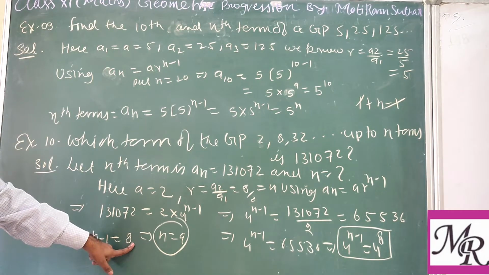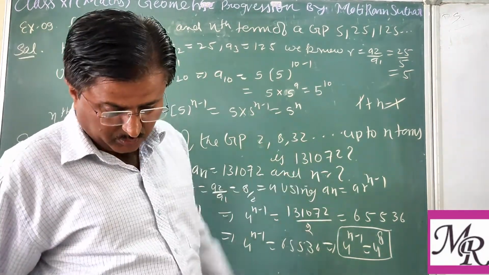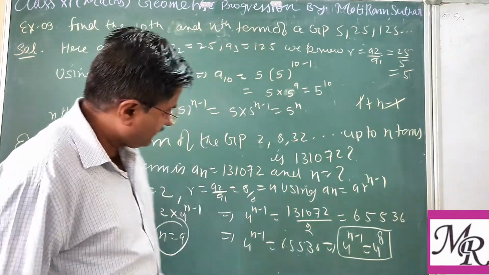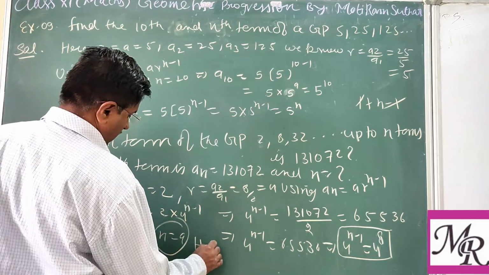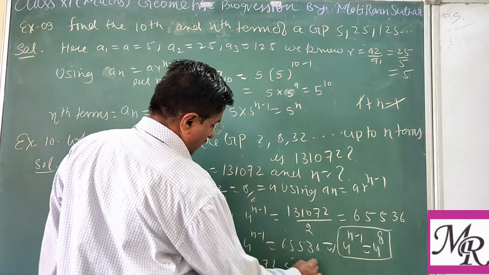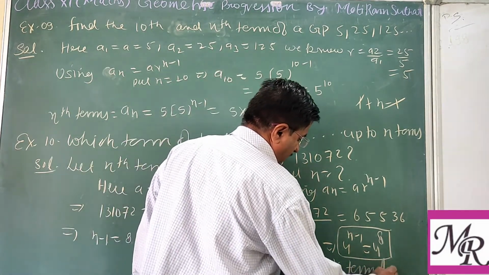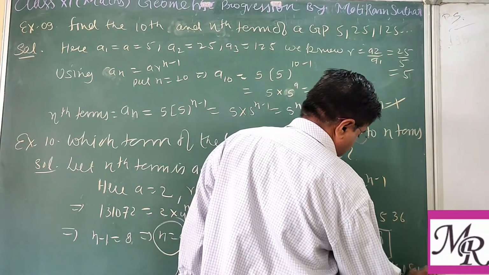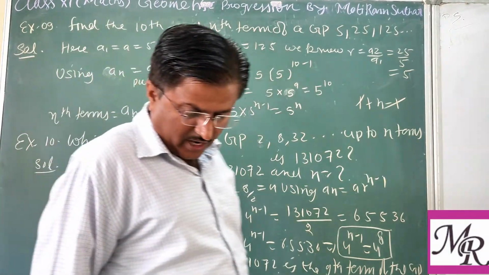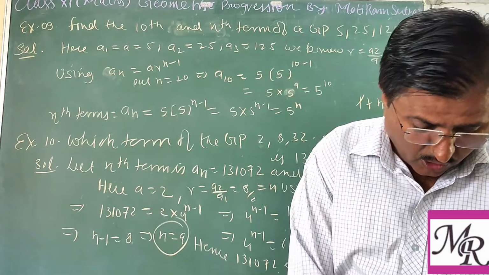So the ninth term of the GP is this. The question says which term of this? Hence, at last we write: hence 131072 is the ninth term of the GP.